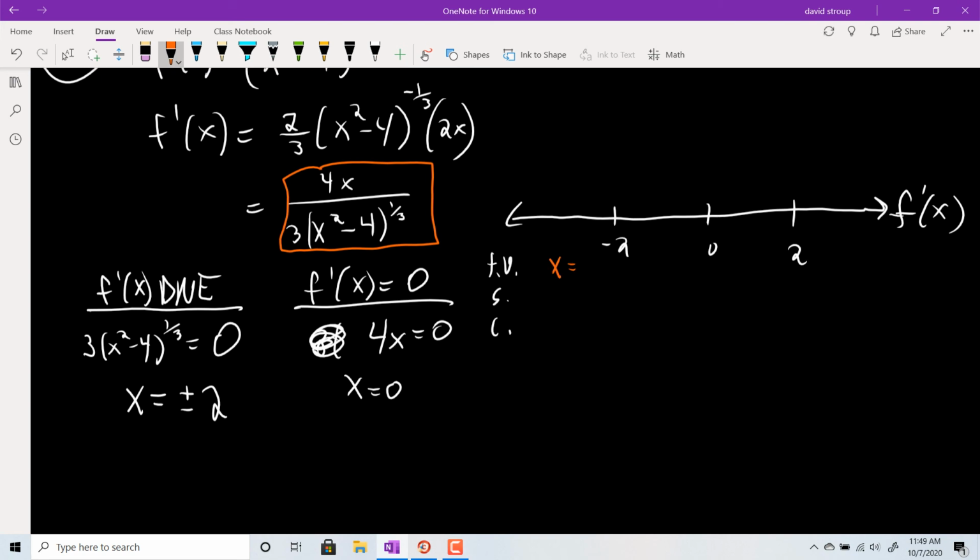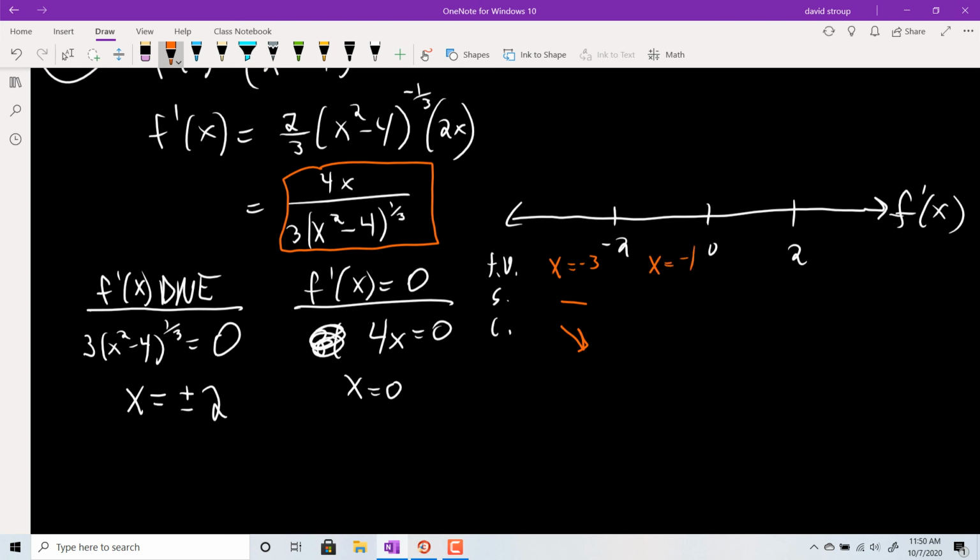So x equals -3. In the numerator, I'll have a -3 times 4, which is negative. In the denominator, I'll have 3 times 9 minus 4, which is positive. And then the cube root of a positive is positive, and then 3 times a positive number is also positive. So I have a negative over a positive, which would be negative, so it's going down.